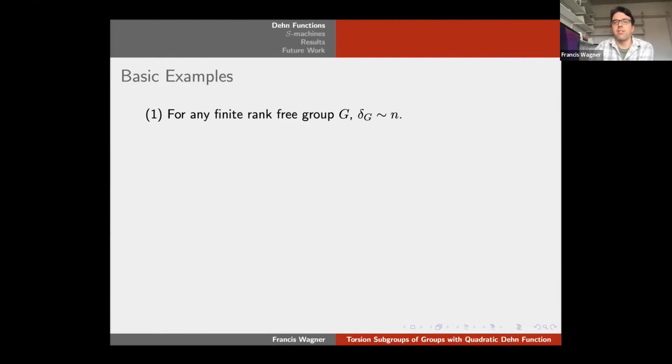But in fact, we can see this more straightforwardly, where we would say that if we take the presentation of our finite rank free group to be the generators are a basis and the relators is the empty set, well, then that Dehn function will be just the zero function, because the area of any word which is freely trivial is zero.